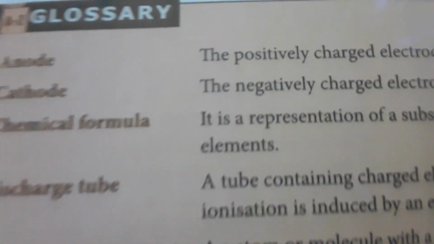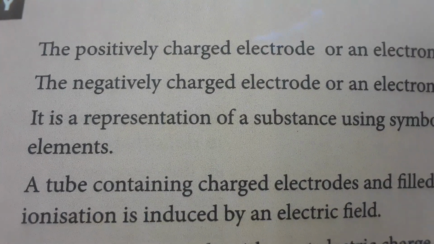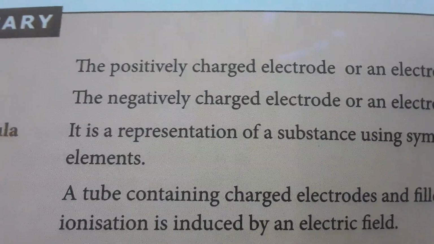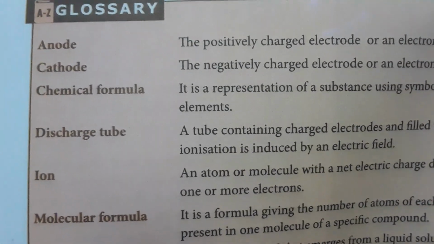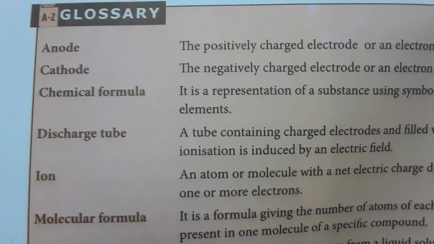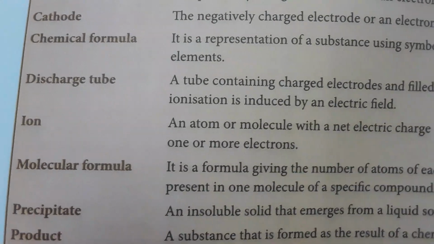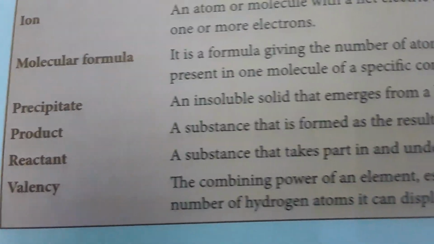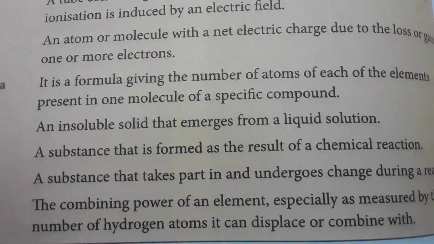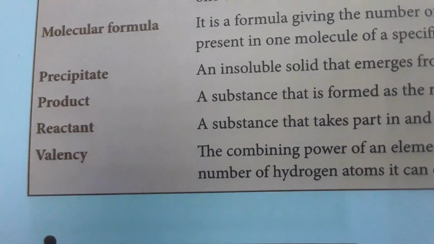So this is the glossary from this lesson. Anode is a positively charged electrode. Cathode means a negatively charged electrode. The chemical formula is a representation of a substance. And the next one is the molecular formula. Precipitate: a precipitate is an insoluble solid that emerges from a liquid solution.